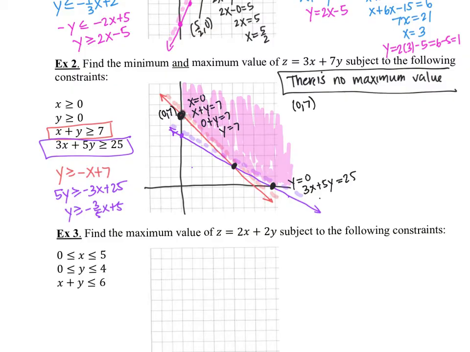Okay, if I plug in 0, I get 3x plus 0 equals 25, so x equals 25 over 3. So this is 25 over 3, 0. Okay, and then my third vertex occurs where the red and purple lines intersect. And again, slope-intercept or standard form, depending on whether you prefer elimination or substitution, probably.